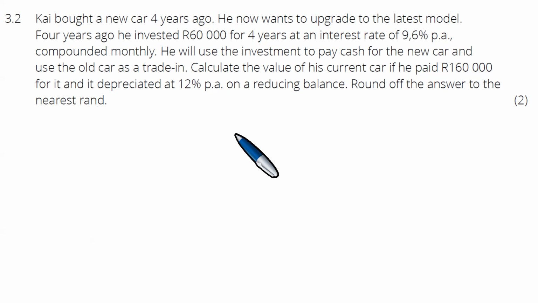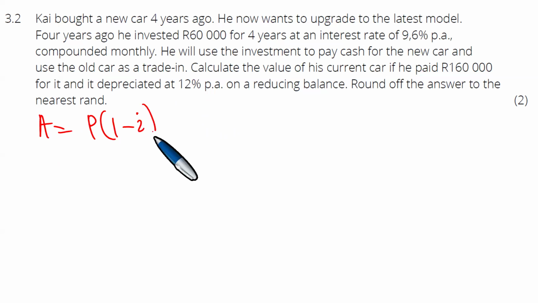Okay, let's take a look at this one and do the question about Kai. Right, so first and foremost, we need to look at what we need to do. We need to calculate the value of his current car if he paid 160,000 for it and it depreciated at 12% per annum. So in other words, the value of his current car was depreciation on a reducing balance.